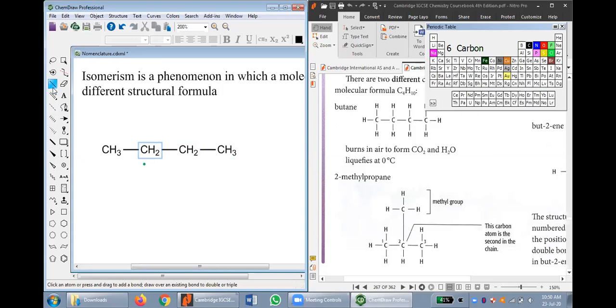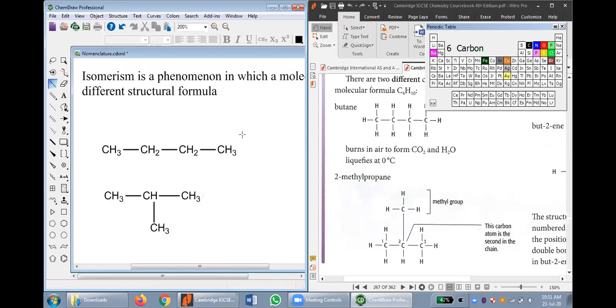Fine, this is butane. This is simple straight chain butane. Another example of C4H10 would be doing it like this.